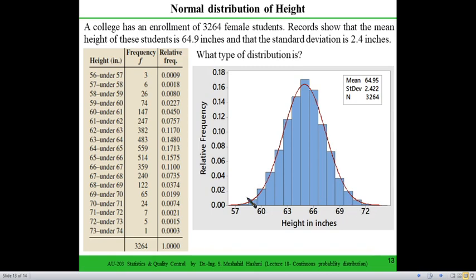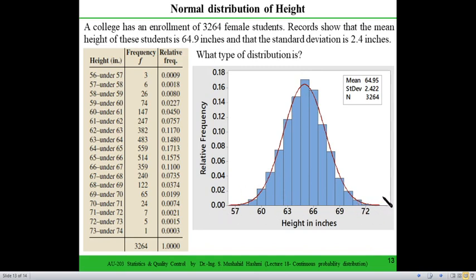Once you take those midpoints and make the width of these frequency bars smaller and smaller, you will be able to get a continuous curve. So this is a typical normal distribution of height. Some would have a small height, some an average height, and taller ones would be small in proportion.